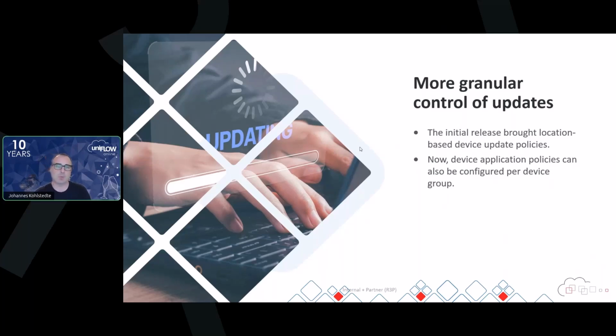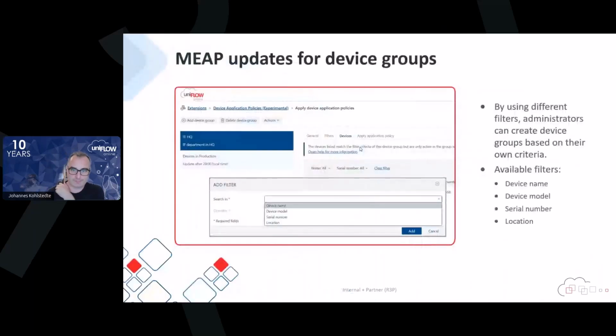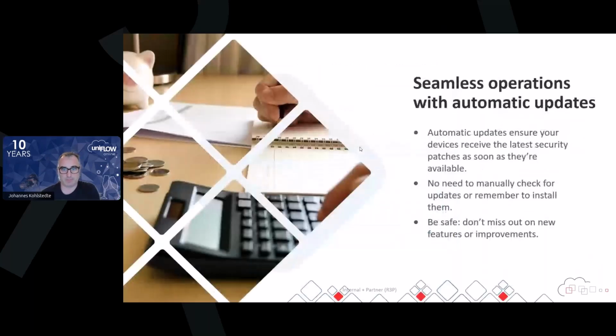But now we are increasing the configuration options by making this also possible for device groups. Those device groups can be created based on the device names, the device models, the serial numbers of devices, but also, of course, the locations. By filtering for those criteria, the administrators create those device groups.